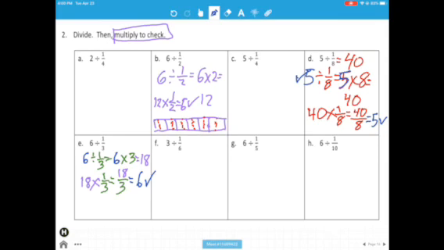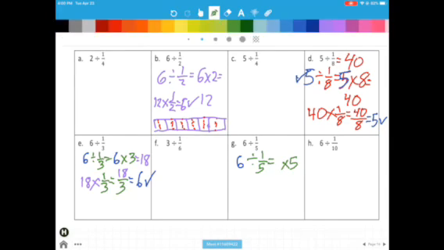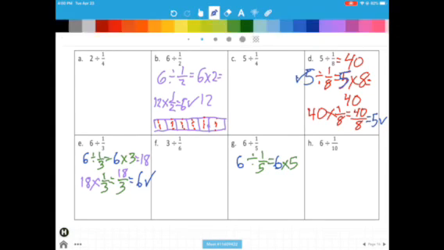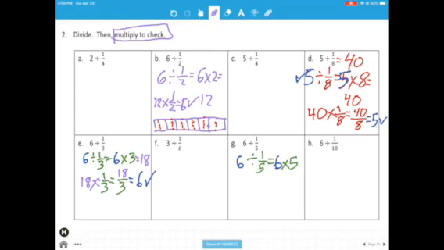All right, so now we're moving on to 6 again, divided by, this time, 1/5, is the same as 6 times 5, which gives us 30.